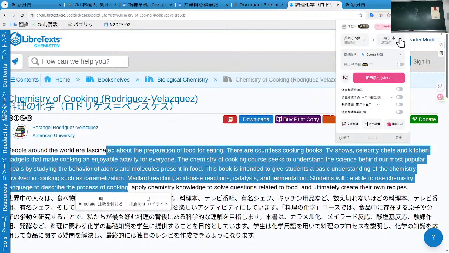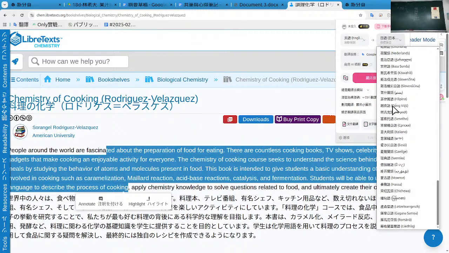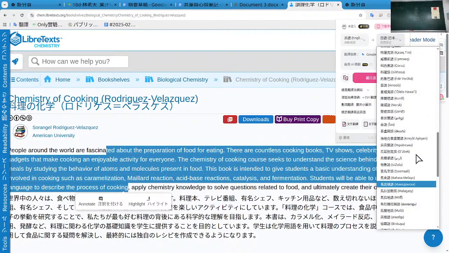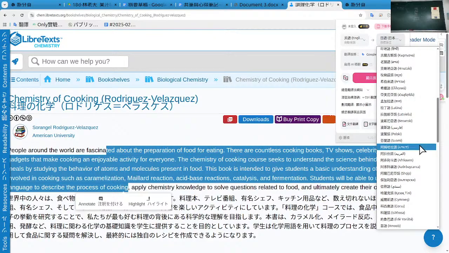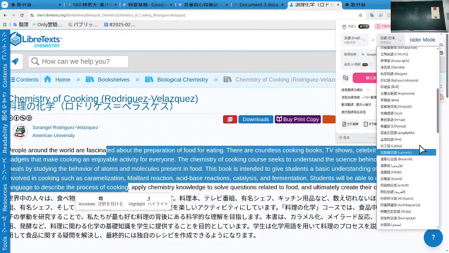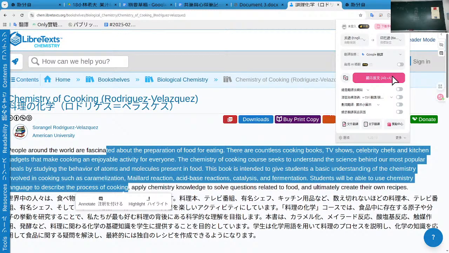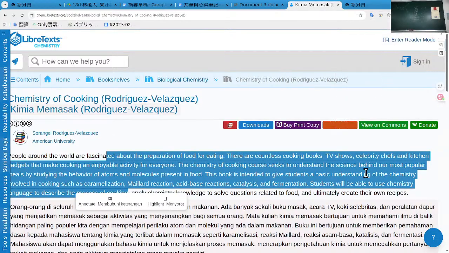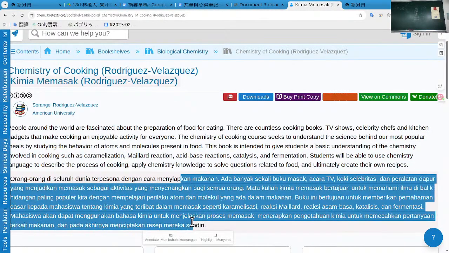If I select the language, if students from Indonesia, and the translation is Indonesian, like this.